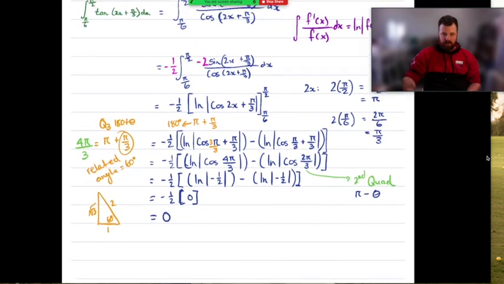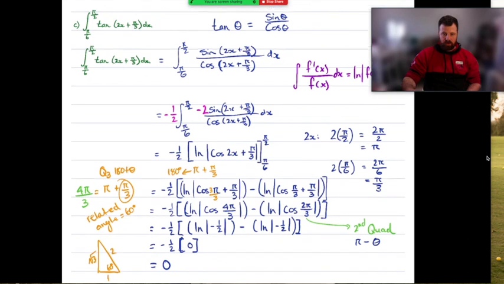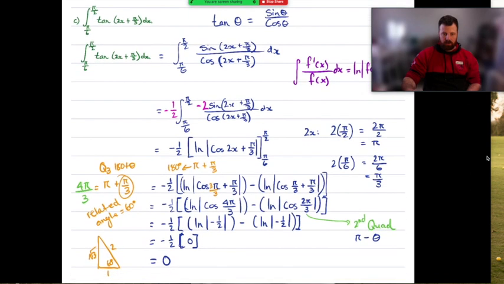And that may seem a lot of working just to get to 0. And it feels like it is a lot of working. But one thing I want to take care and focus on here is that we dealt a lot with exact ratios.